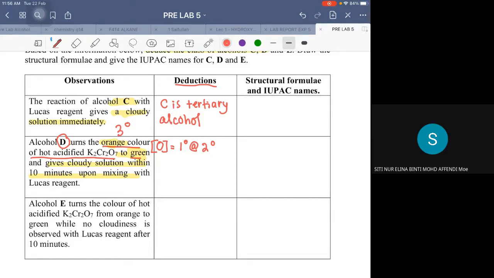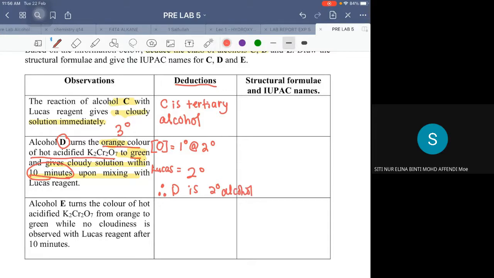After that, when we do Lucas, we got cloudy solution bila 10 minit. So itu adalah ciri apa? Ciri primary ke ciri secondary? Sekarang kita confuse antara primary dengan secondary. Since kita dah undergo dengan Lucas and then tunggu sampai 10 minit, dapat. Bila 10 minit, dapatlah cloudy solution. So itu adalah ciri secondary. Therefore, D is secondary alcohol.